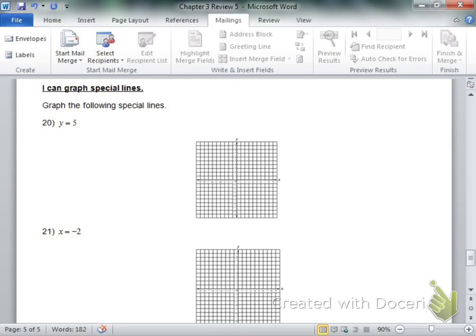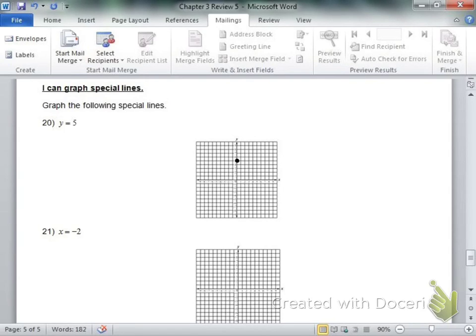So I can graph special lines. Remember, I told you whatever it equals, you're either going to have x equals or y equals, and that's the only variable that you'll see. That's how you know it's a special line. If it's a y equals, find that number on the y-axis. So I'm going to find 5 on the y-axis.